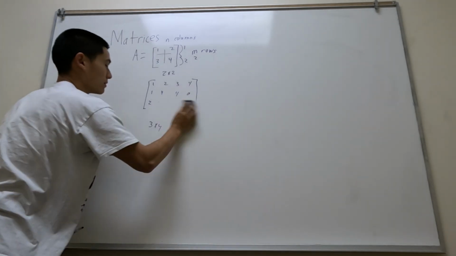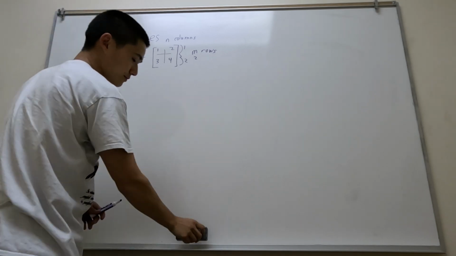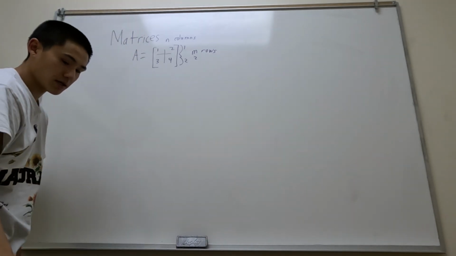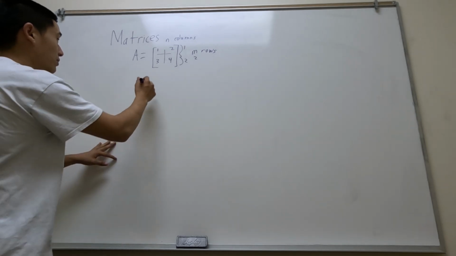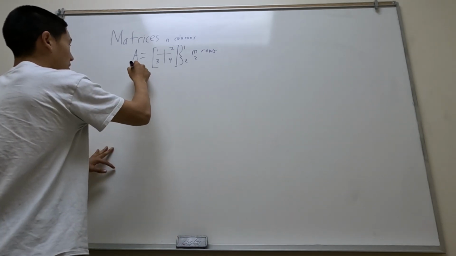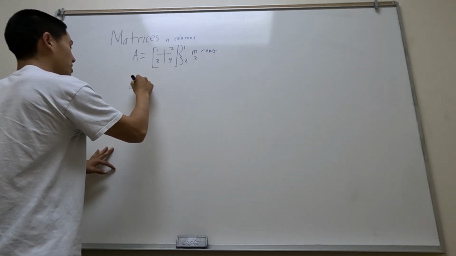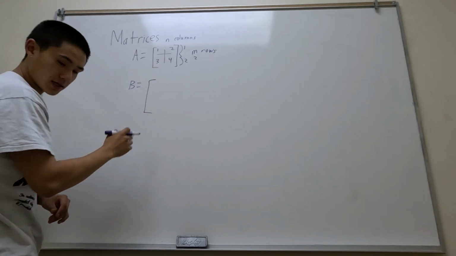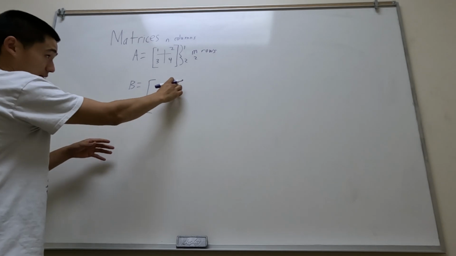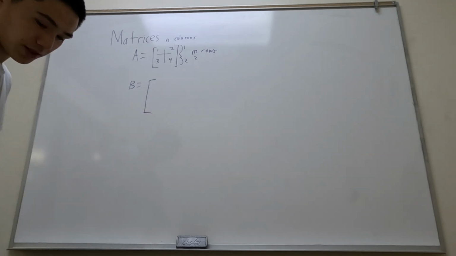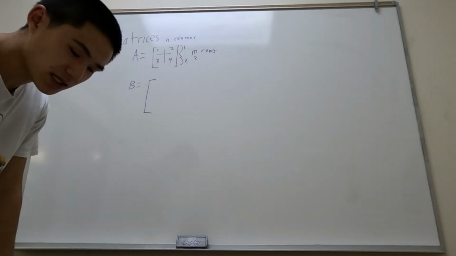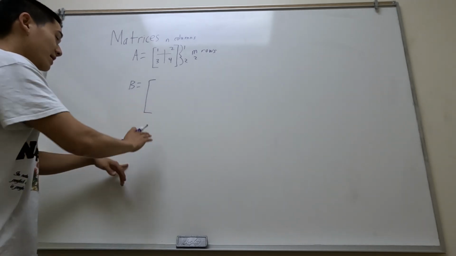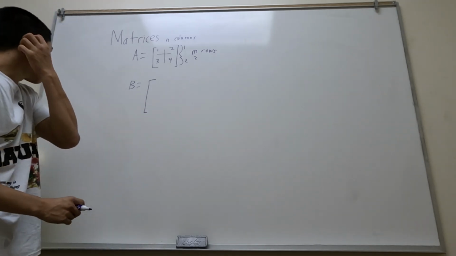Next, if you wanted to imagine a matrix, we'll call it B, and you wanted to denote the elements in here, I'm just going to skim over all the notation that my class is going over because that's kind of unnecessary. I'm just going to tell you guys what you need to know.